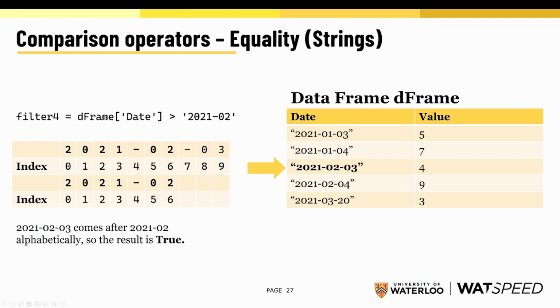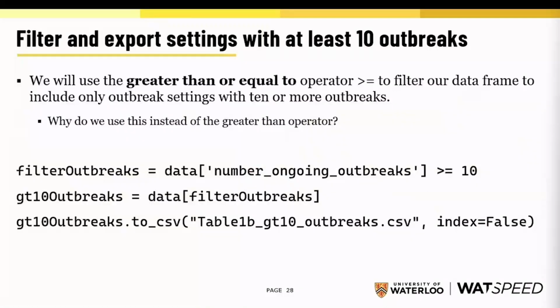All else equal, a longer string is considered to come after a shorter one. As a result, 2021-02-03 comes after 2021-02 alphabetically.